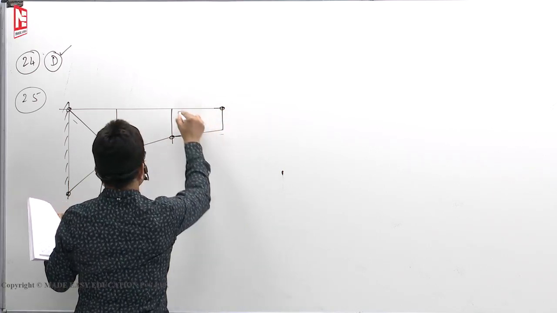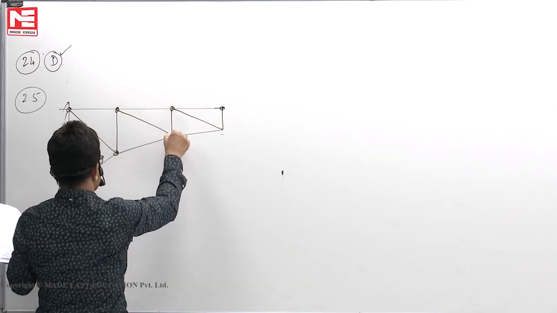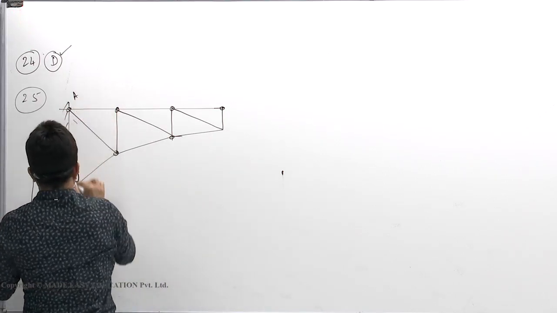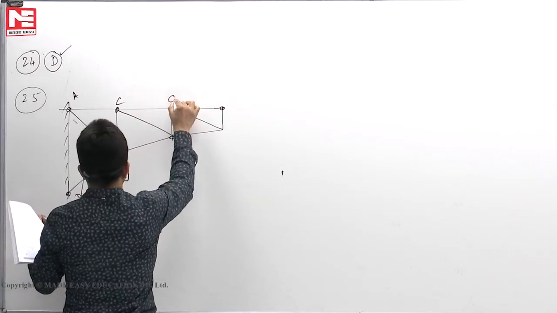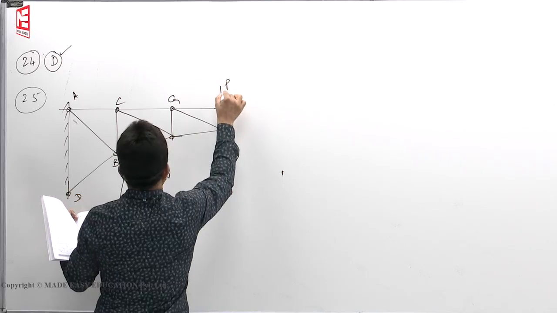Okay, like this. A, this is D, B, C, G, Z, and some load P was there.